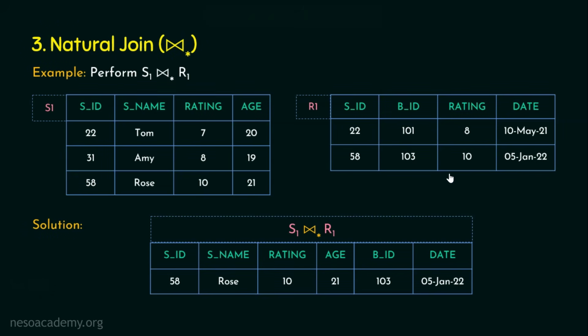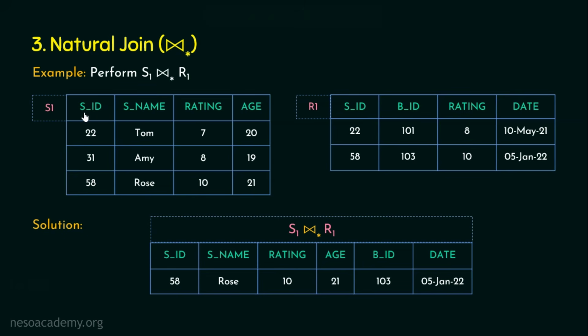Just pause this video for a while and think if anything is missing in the output table. I mean, is any attribute missing in the output table? Let me reveal that. Yes, the student ID is appearing only once and the rating is also appearing only once. If you keenly observe, this natural join removes the redundant attributes.